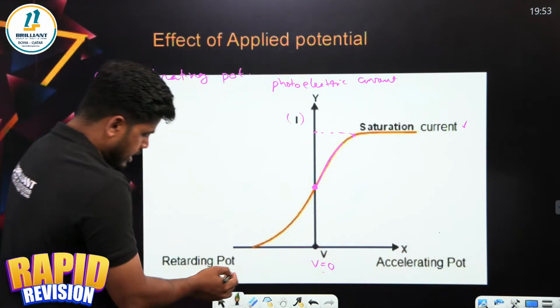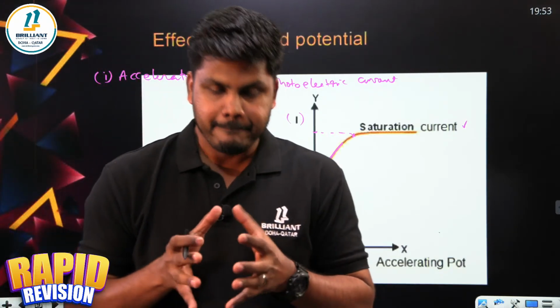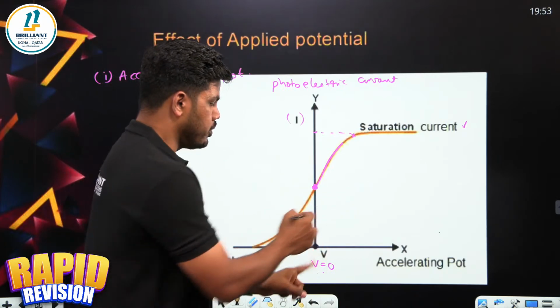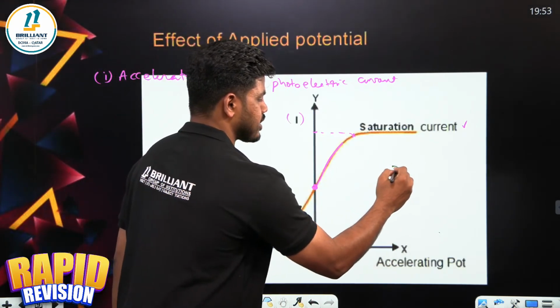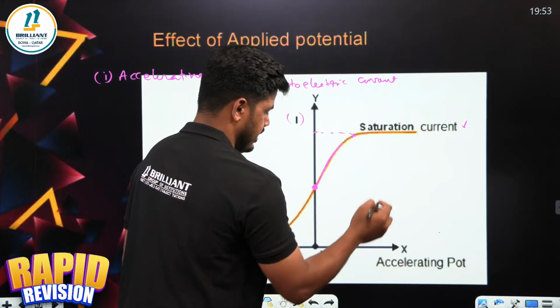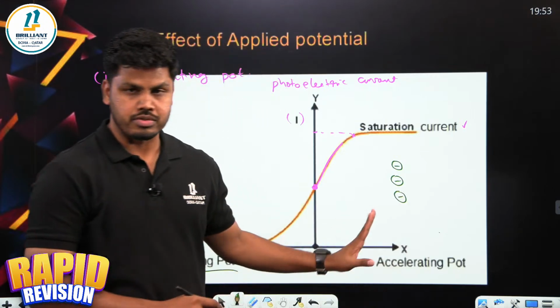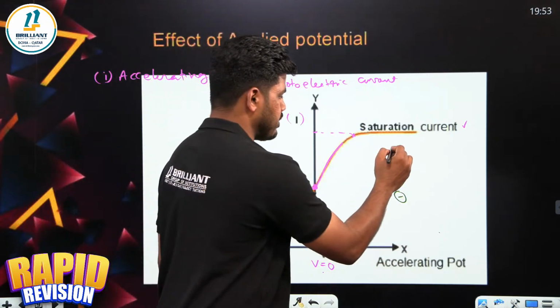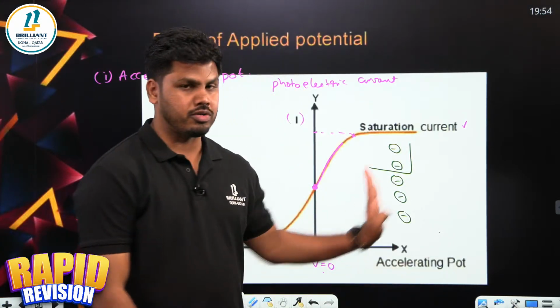So when you increase the retarding potential, what happens? At zero potential, I told you, some of the electrons were able to cross. For example, 3 electrons were having enough energy to cross the distance. Actually, 5 of them were emitted, for example, but these 2 don't have enough energy to cross the distance.